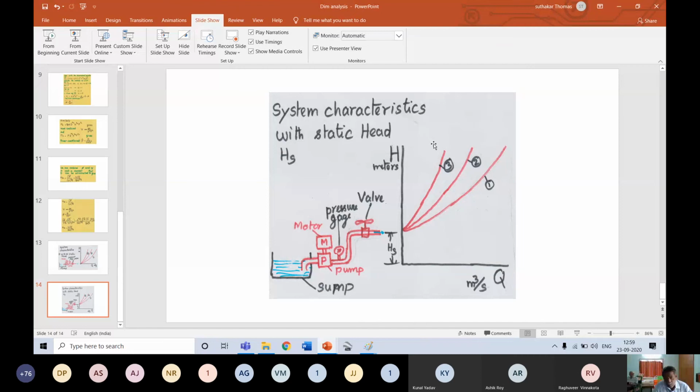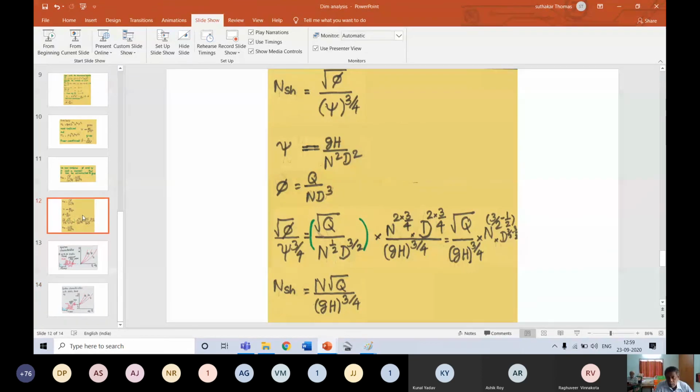In one batch the fluid machinery was taught, so maybe specific speed might have been introduced. So you should see what is the main difference between the term specific speed and the shape number.